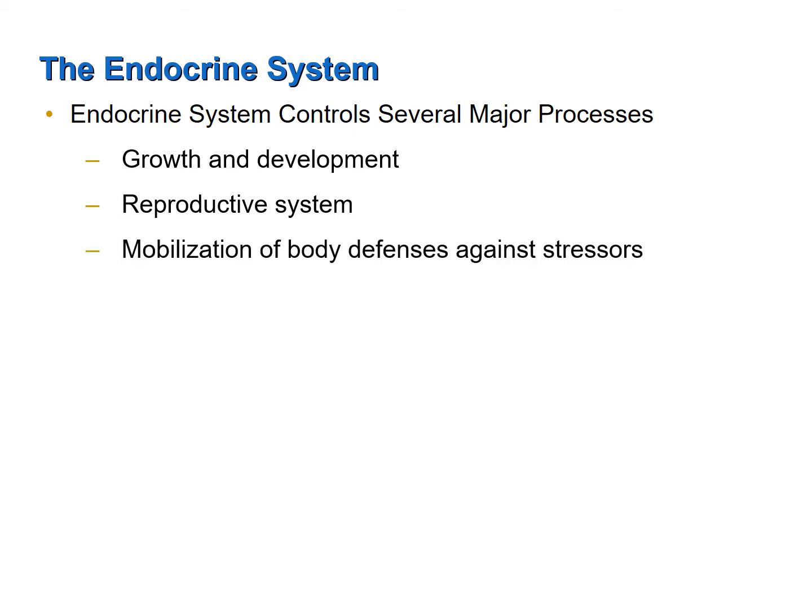The endocrine system also plays a vital role in mobilizing the body to defend or respond to stressors. In certain cases, those stressors could be the invasion of the body by microorganisms. In other cases, a stressor is simply a situation that requires an increase or elevation in the activity of the body.